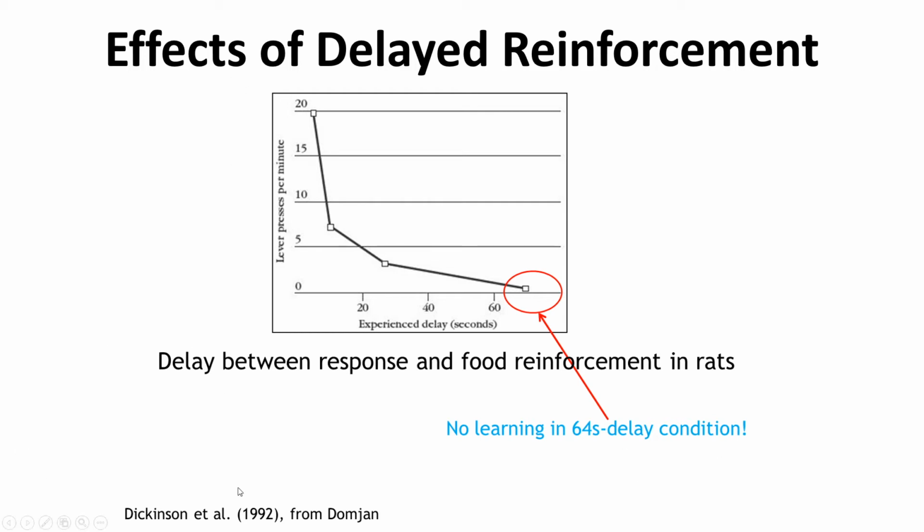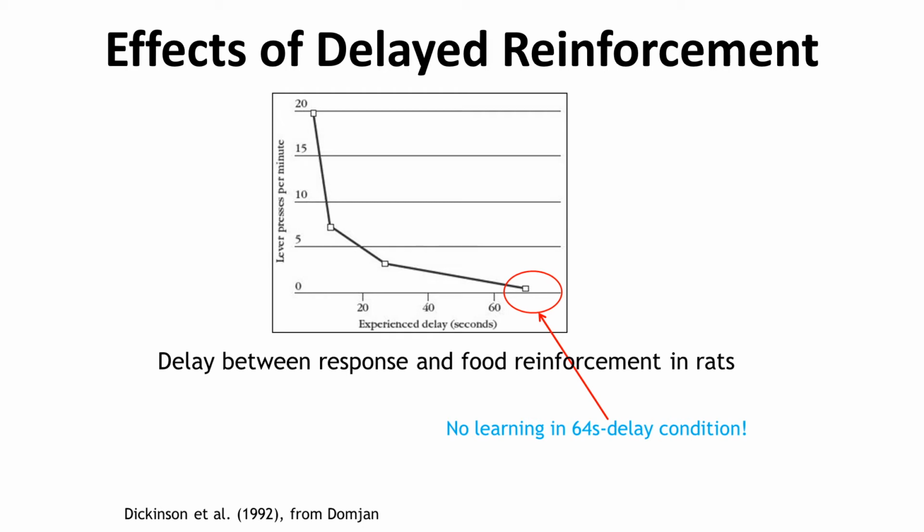So this diagram is for a very simple experiment, pretty identical to stuff we've talked about previously. This would just be a standard free operant procedure where we would have a rat in an operant box, and when they make a lever pressing response, they would be reinforced with food at some point thereafter.